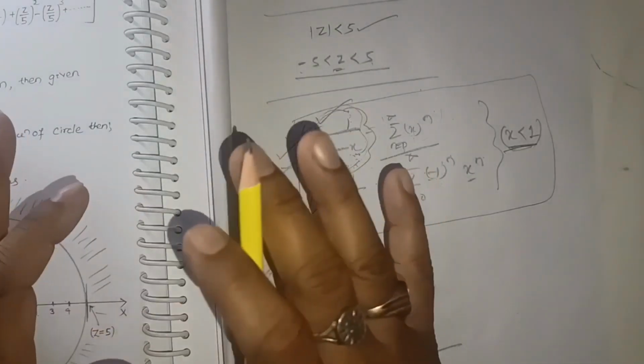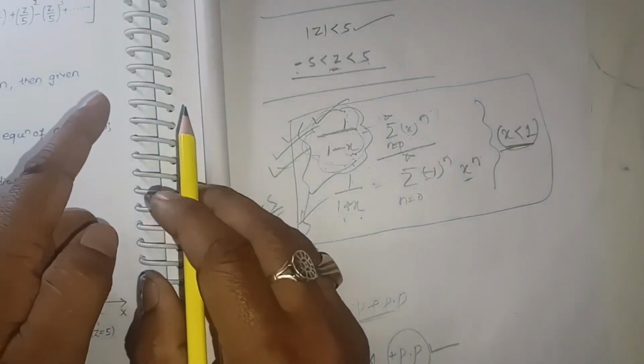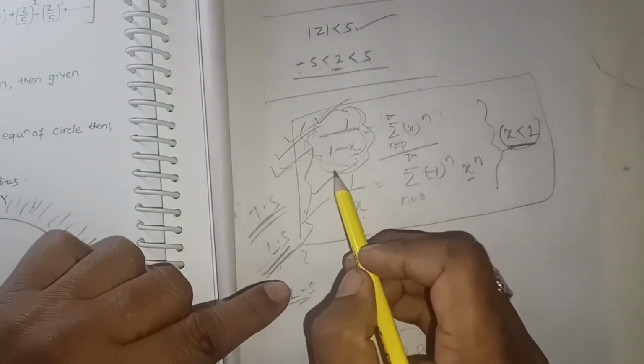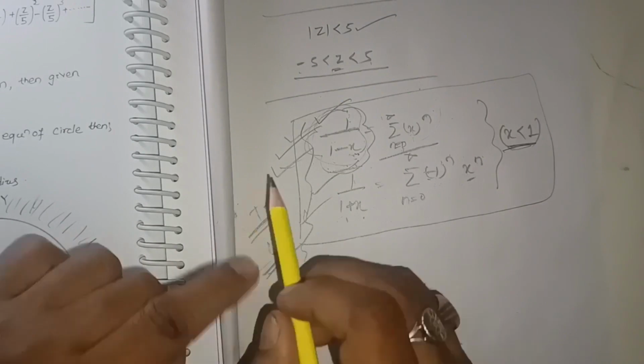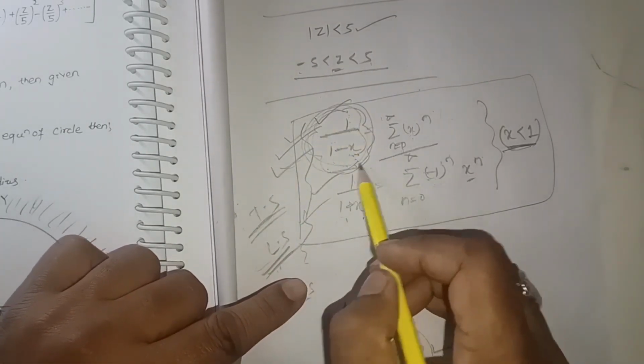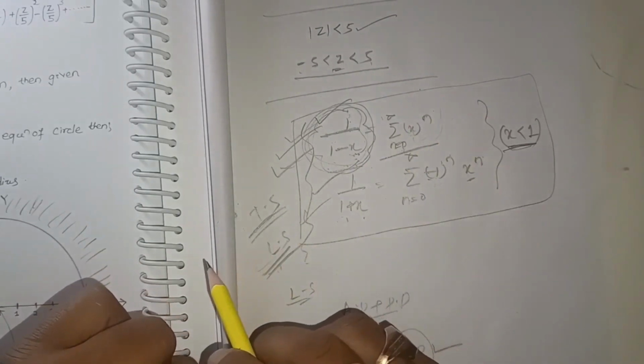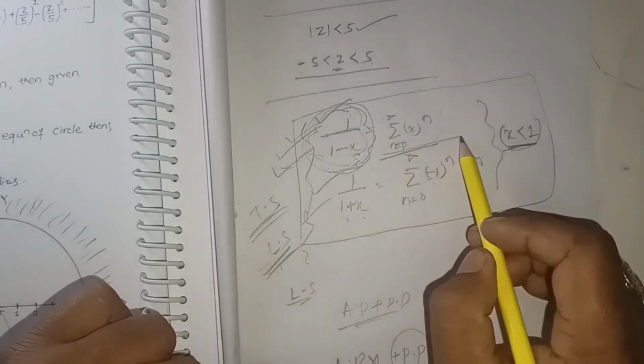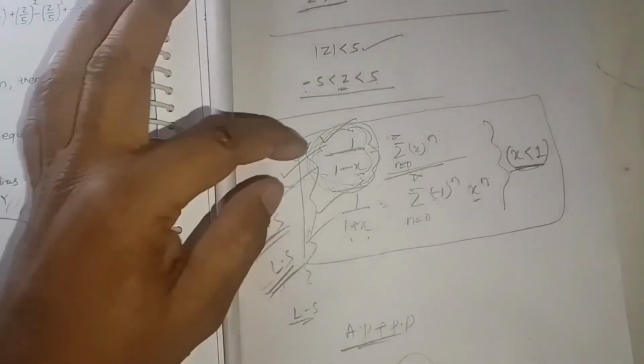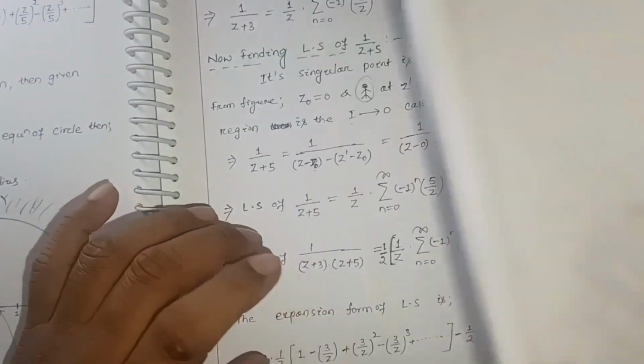You got my point? Recall in Taylor series and Laurent series, whatever numerical we discussed, we transformed the function into this type of format. After writing in this format, we can directly write the summation series. So I suggest at least these two series you should remember.